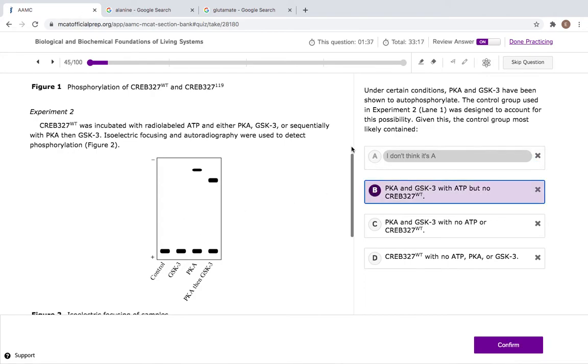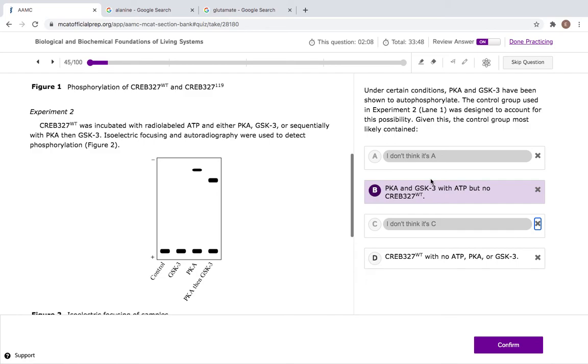Makes sense. PKA and GSK3 with no ATP or Krebs. No ATP, that means they didn't autophosphorylate. That doesn't help us at all. They're telling us that they autophosphorylate. So you go away. Krebs with no ATP, PKA, or GSK3. That doesn't really tell us much.